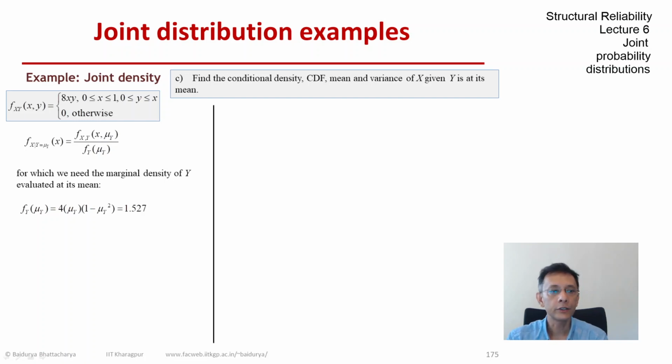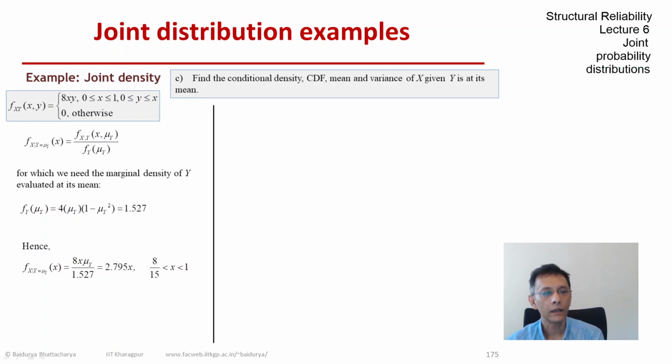In the previous part, we have already found the density of y, so we need to evaluate it at the mean because that's the conditioning, and plugging in the values of the mean, we get f_y at mu y is 1.527. So we carefully use the formula for the joint density function, divide f_xy at x comma mu y by f_y at mu y.